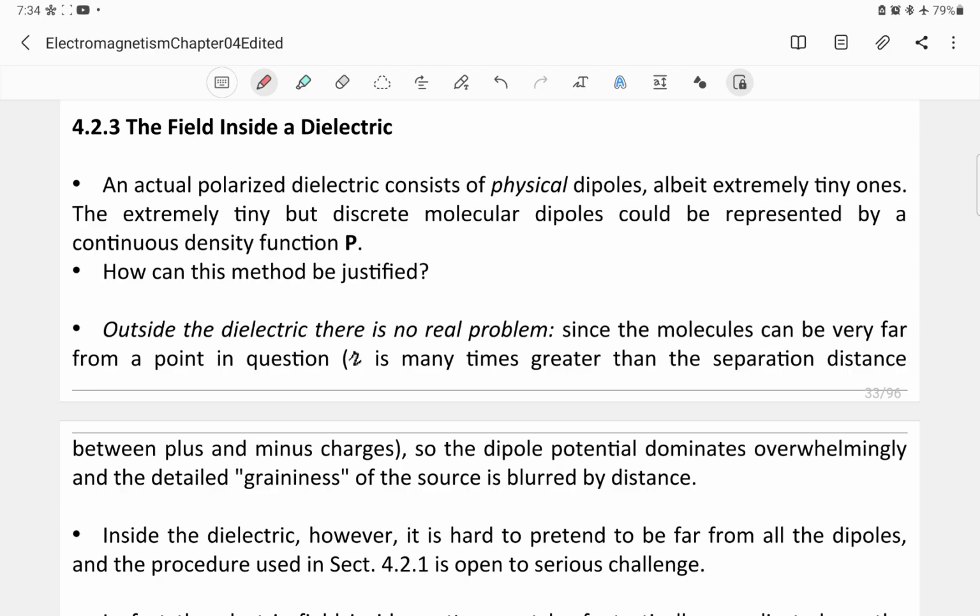However, if you go inside the dielectric, each of the atoms there has dipole moments, and it's very hard to ignore these dipoles. So really we have to calculate it, but it's very hard to calculate that quantity inside the dielectric.